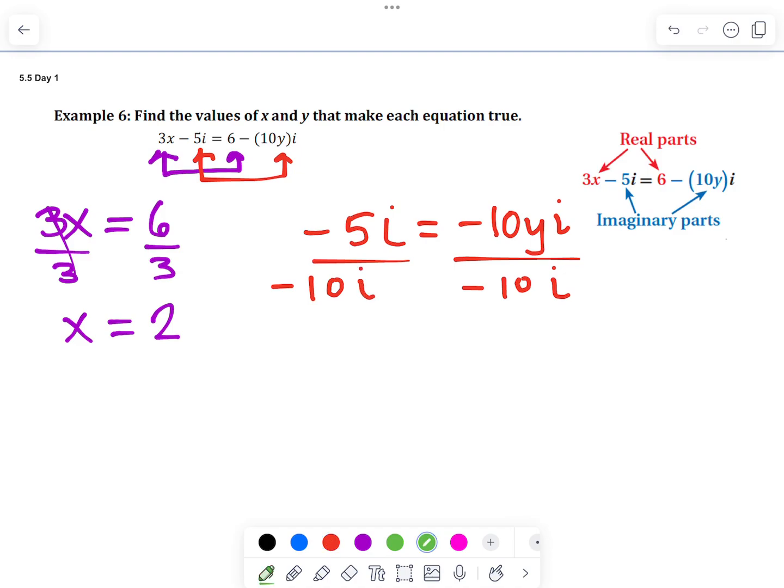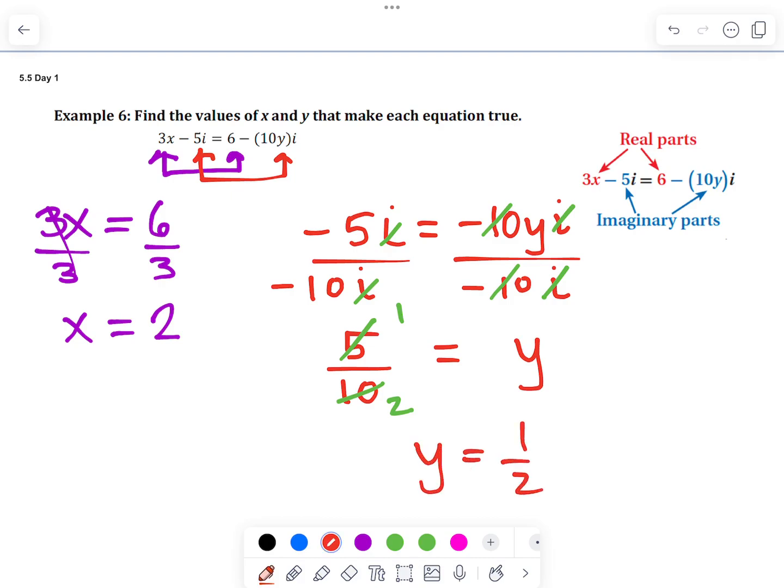What cancels is the -10 and the -10, the i and the i. So in reduced form, y equals negative divided by negative, which makes it a positive 5/10. And then you can reduce that fraction by 5, so that becomes a 1 and a 2. So then y equals 1/2 in that equation, and x equals 2.